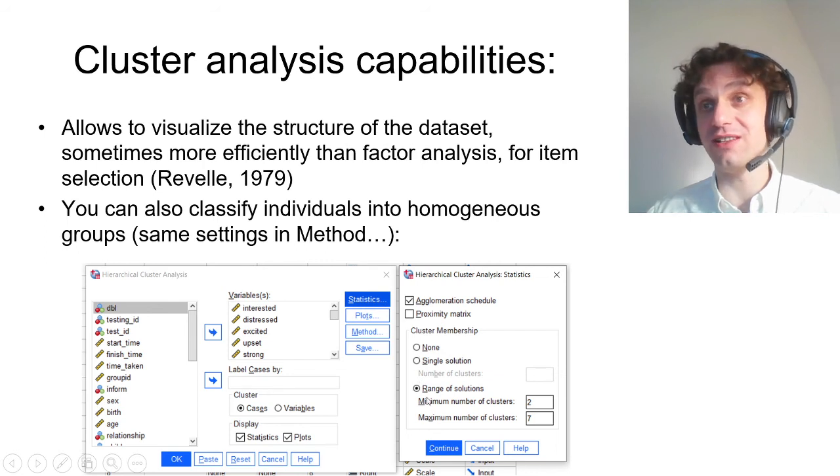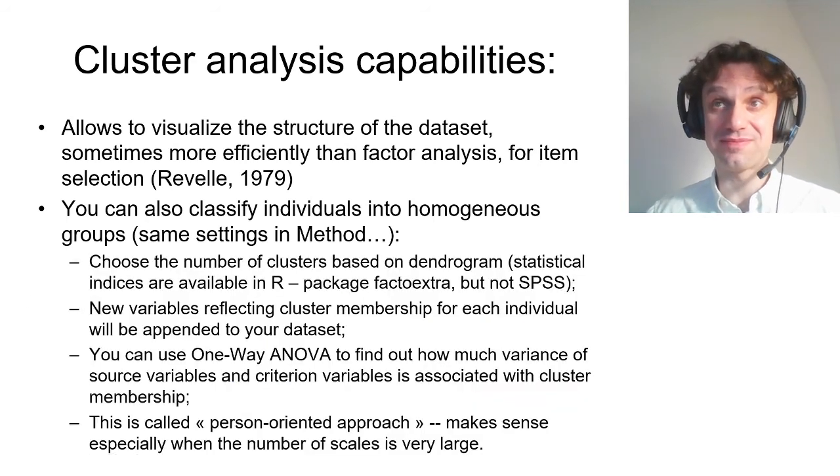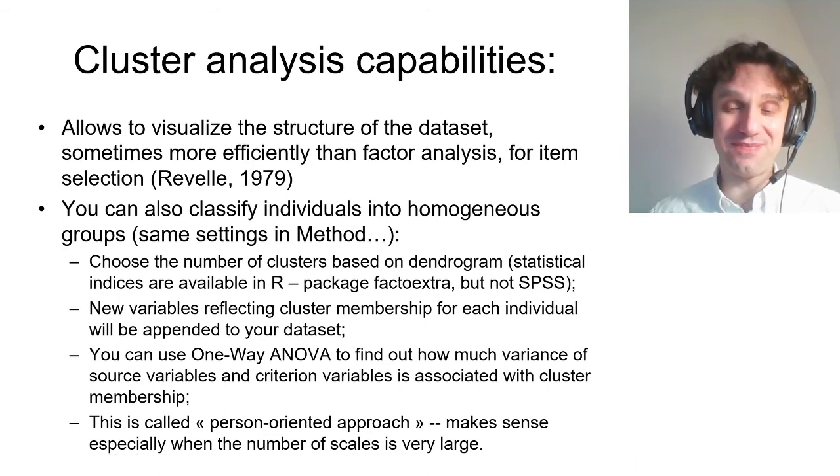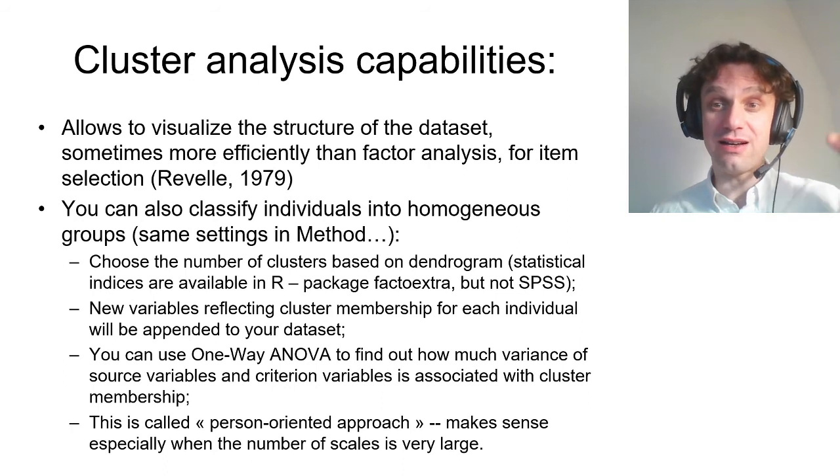Here you tell SPSS which solutions you want to save, and after running this cluster analysis, in the end your dataset will be completed by a few more variables that will be called Ward's method, and for each person these variables will reflect the number of clusters into which this person was classified.